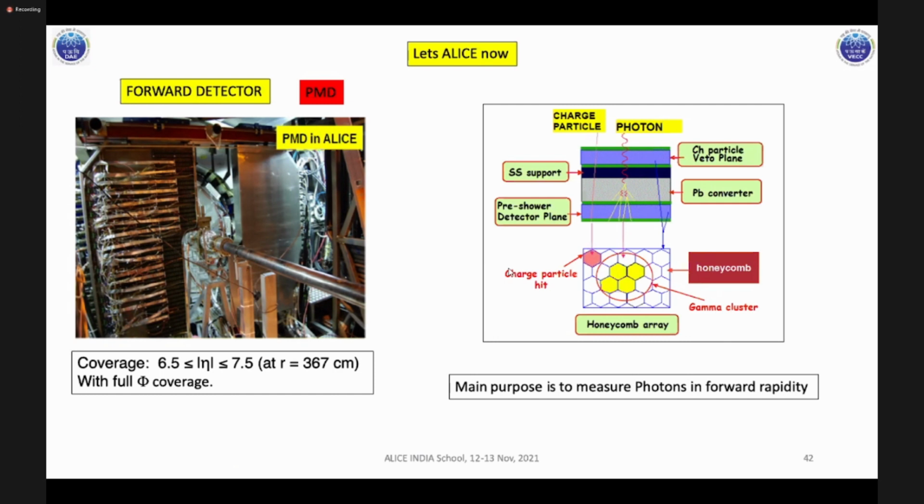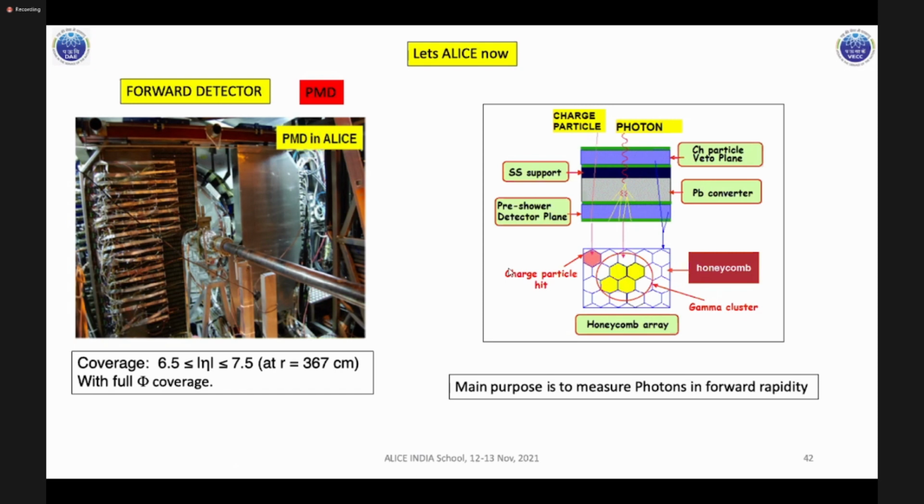And how it works? This PMD consists of 3 layers, and first layer is a detector layer, middle layer is an absorber, and third layer is again a detector layer. This first and the third layer, detector layers, they consist of many hexagonal cells filled with gas. So basically, this is a combination of gas detectors in proportional mode.